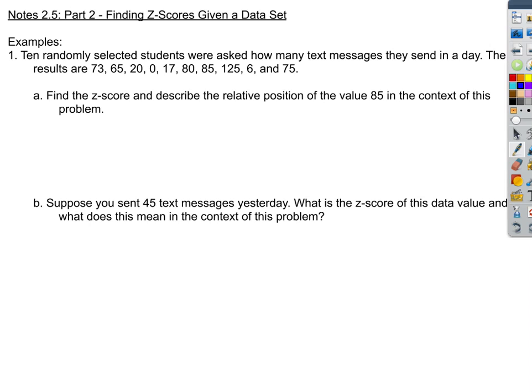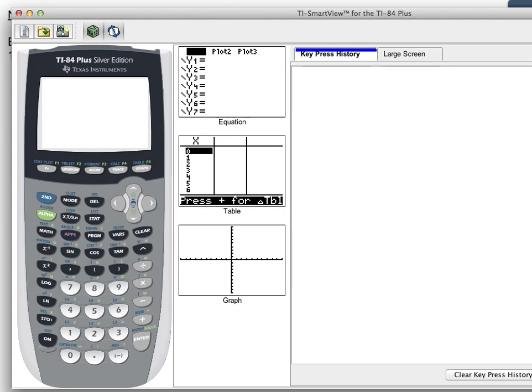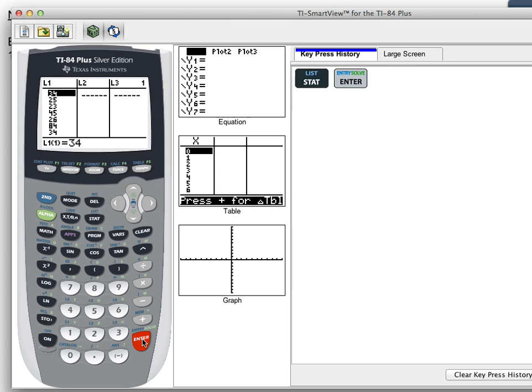And when I'm looking at this situation, this is just a sample. So when we use the calculator, we're going to take the sample standard deviation. So go to stats on your calculator. If you have some values already typed in your calculator, go up to L1, hit clear and enter, and then we'll type in our data values.